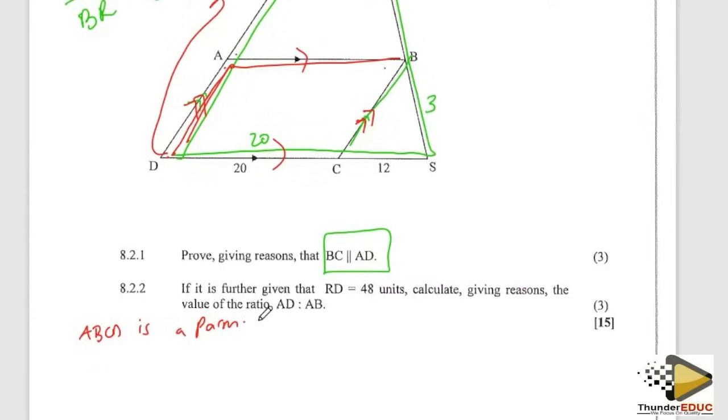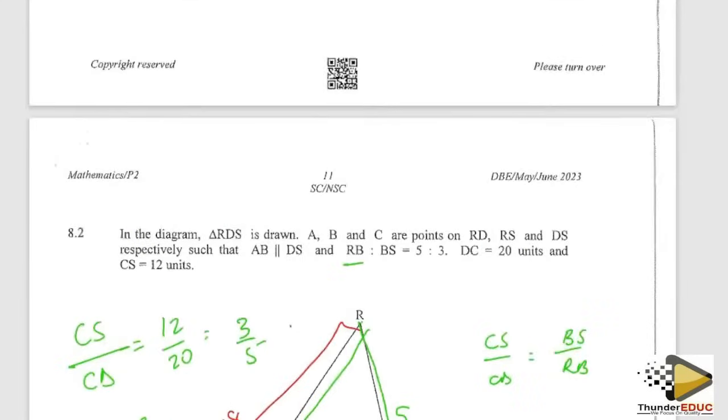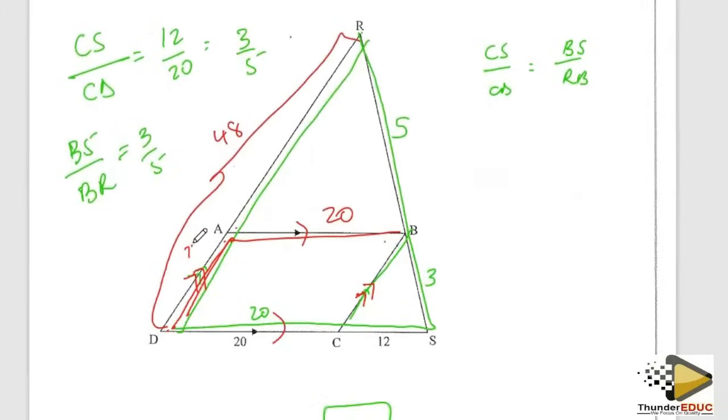So if AB is the opposite side of DC, I'm saying AB is also going to be 20 units, since these are opposite sides of a parallelogram. So if that is 20, all I need to find is the size of AD.